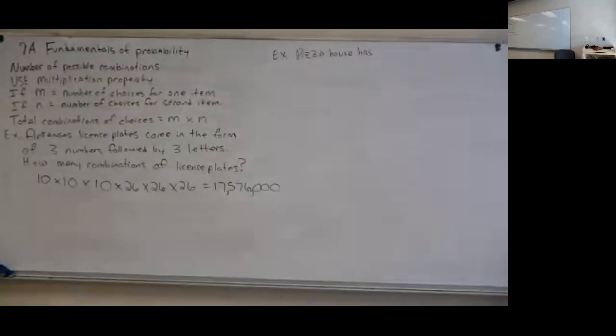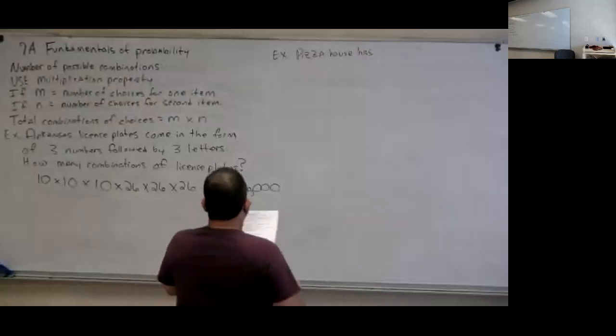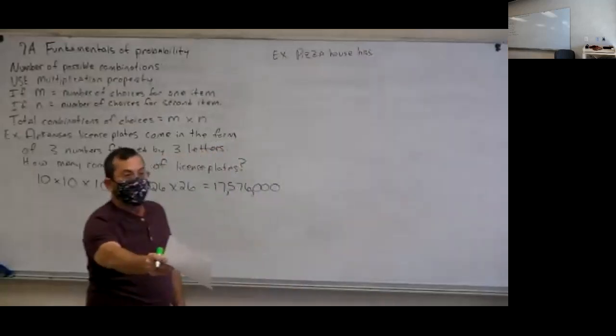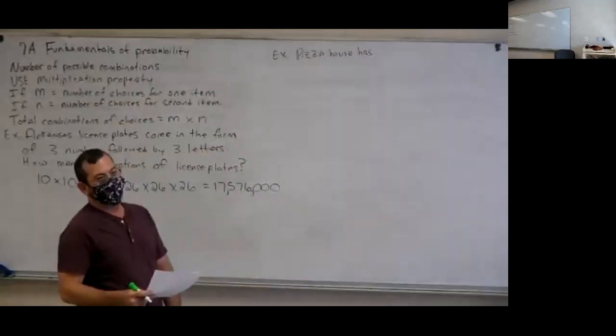Go to your regular 7A and then go to 1. Number 1 was talking about an SUV and the colors, so you have 12 colors times the 4 styles. Just multiply that together and be done. Put that in real quick, and then we'll get you on number 2 with me.